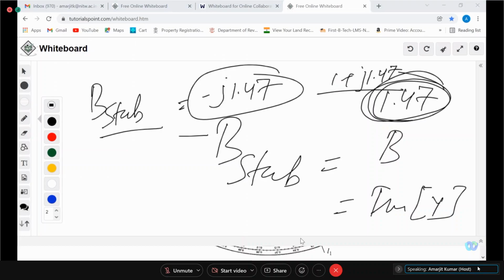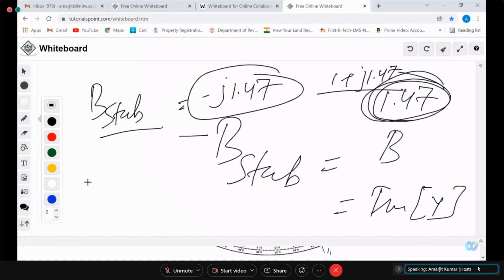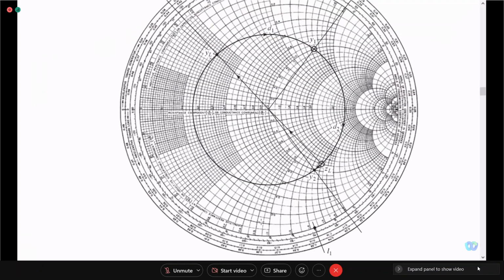It is here. But in the question it is given short circuited. So where is the short circuit point on Smith chart? Where is the short circuit point?